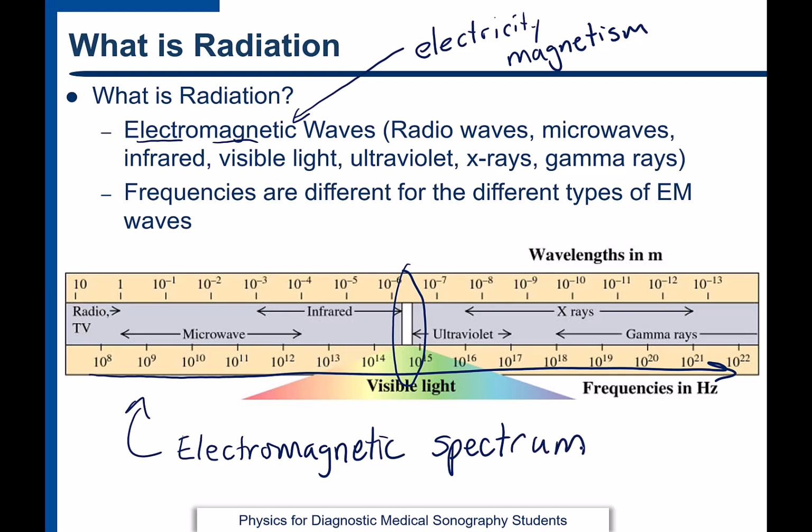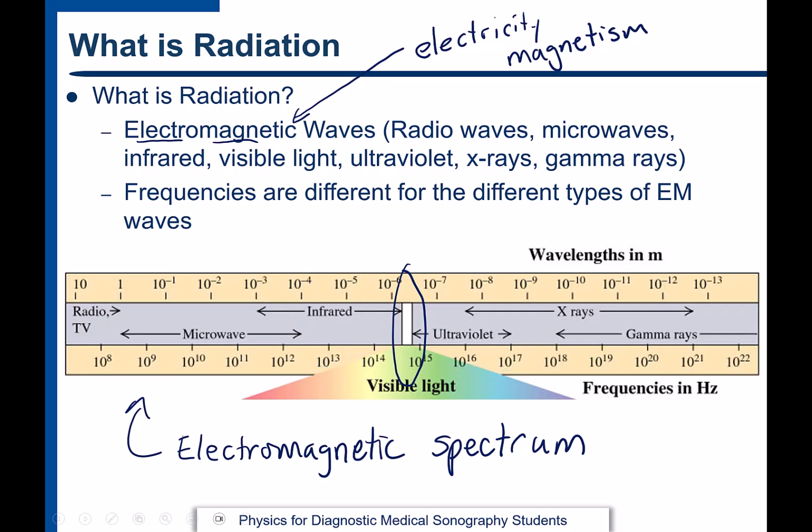And so radio waves, like are used to broadcast radio and TV, and microwaves, which are used both for cell phone communication but also in your microwave oven, are lower frequency. Then we get up to infrared, which is the next highest. Then we get to visible light.